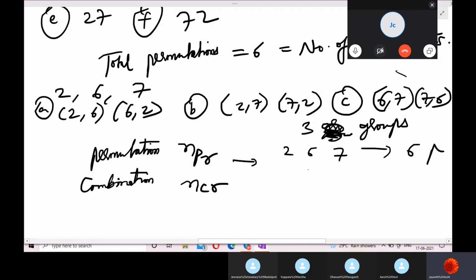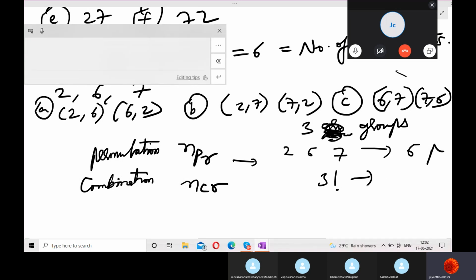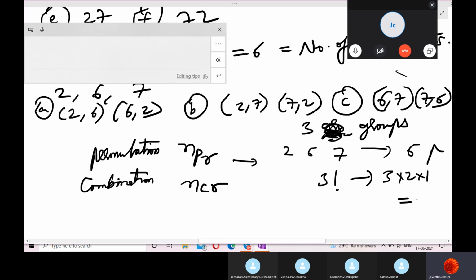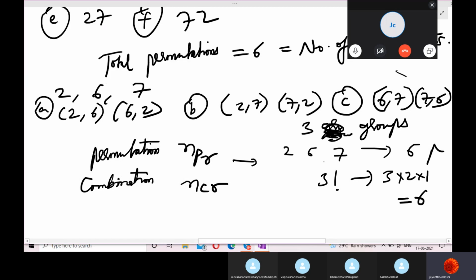So there are 3 digits, and we have made 6 arrangements out of them, correct? So I can write this as 3 factorial, that is 3 into 2 into 1, that is 6 arrangements, correct? All of you make a note of this.